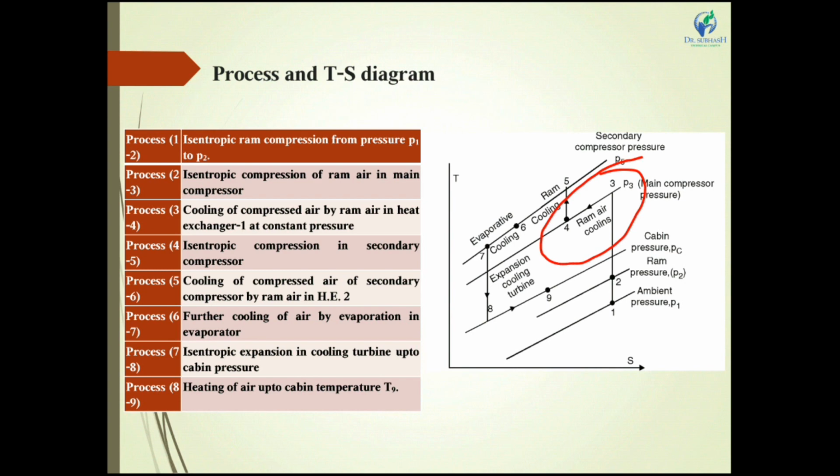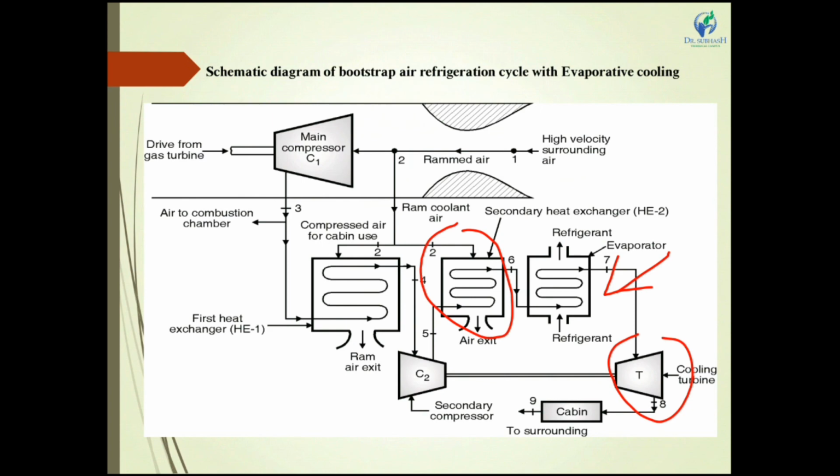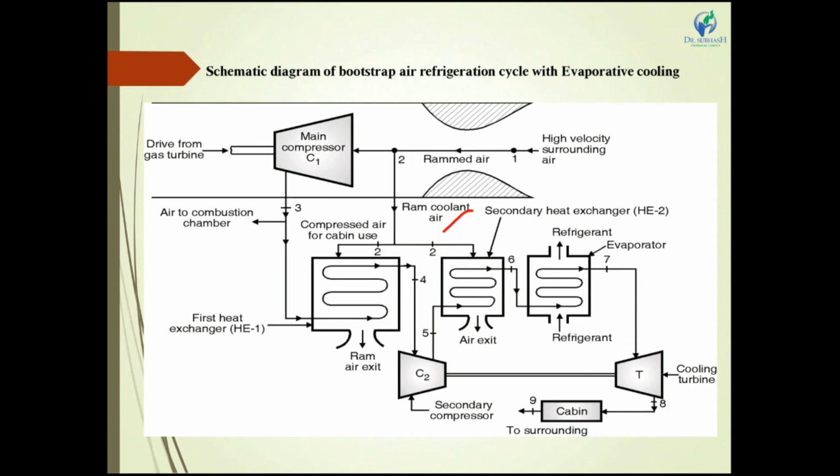Process 4 to 5 is isentropic compression in the secondary compression process. Then we remove heat in the secondary heat exchanger from process point 5 to process point 6.